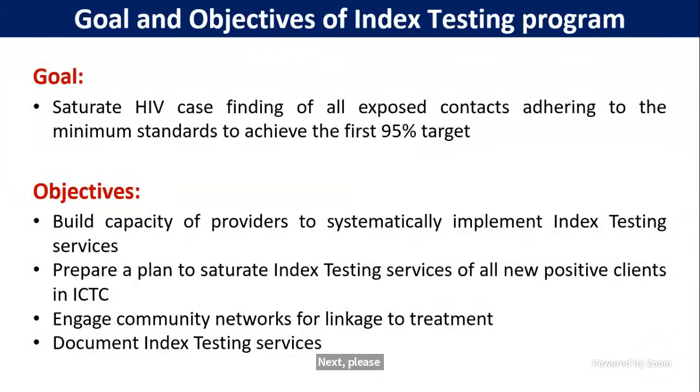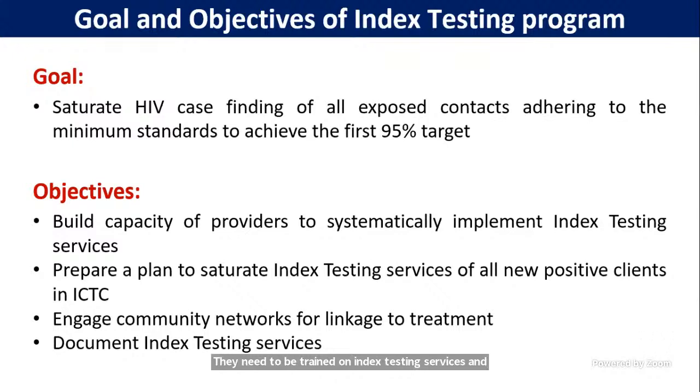The ultimate goal is to test all those who are exposed, with the minimum standards and principles we follow, so that we can plug the gap in the first 95. Before offering index testing, we need to ensure that all those involved are trained on index testing services.